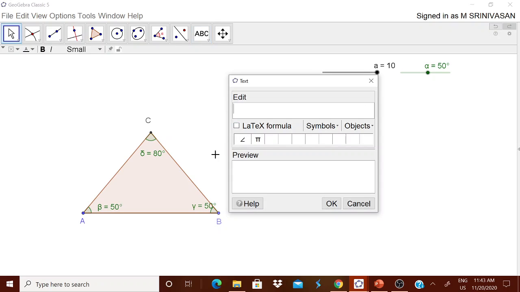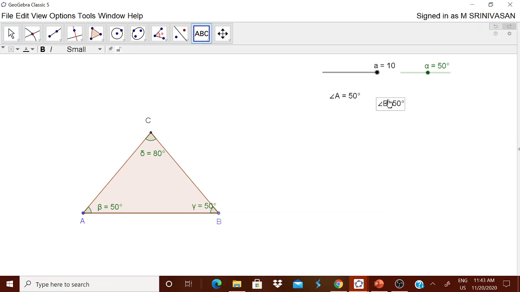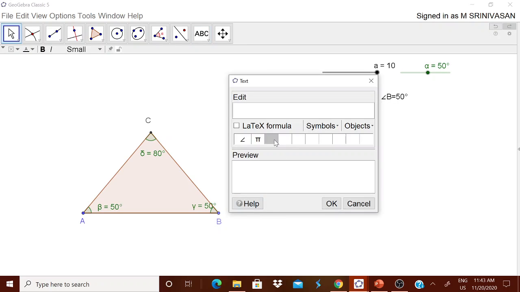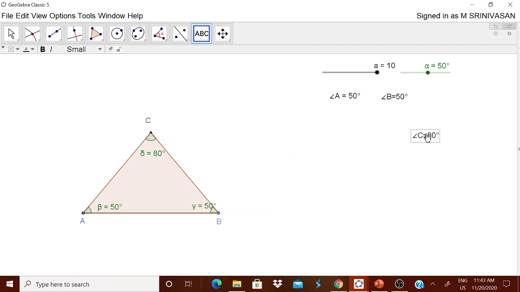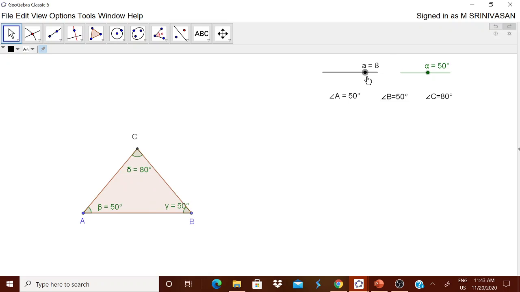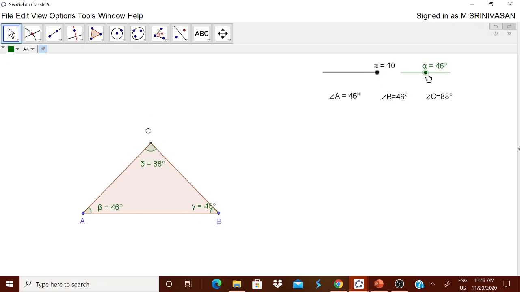Similarly, angle B is equal to, from the object, I think it is gamma, so you can put it over here. Now again, angle C is equal to, from the figure it is delta, so select this delta. Okay, now when you move this, you see the angles. When you move this, they can find out what angle C is.